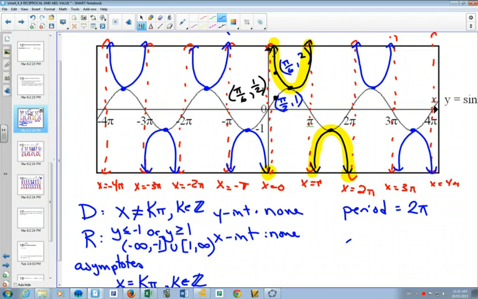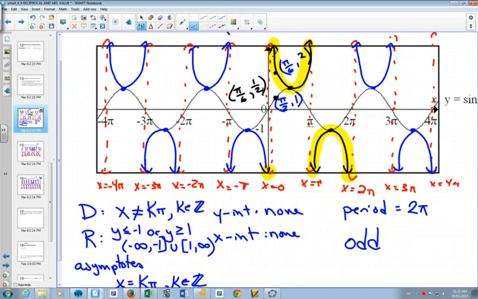Now, sine is an odd function and cosecant is an odd function. The definition of an odd function is if you reflect it over both axes, you end up with your original graph. So I'm going to take out a purple pen here.